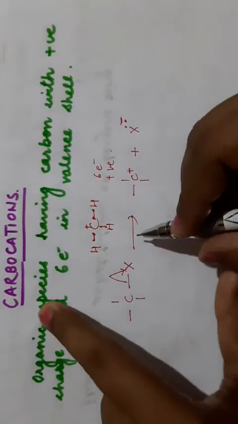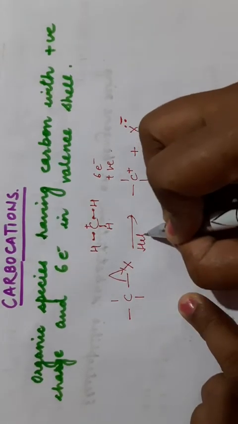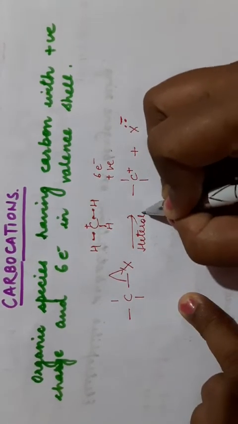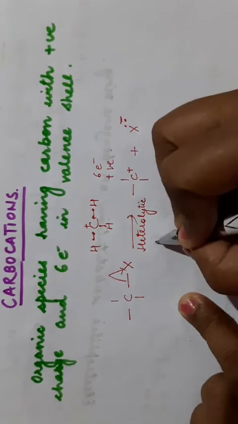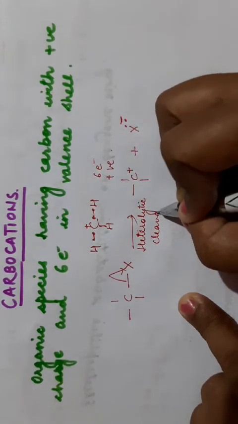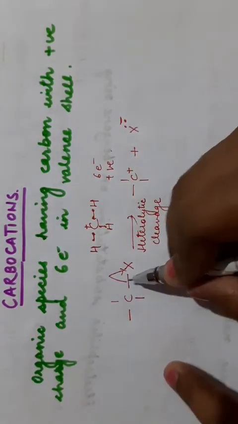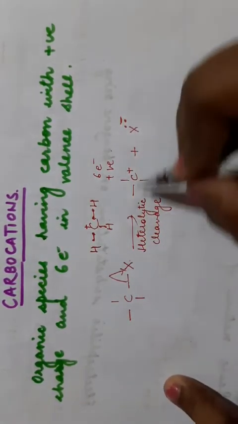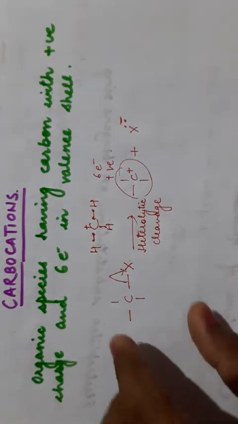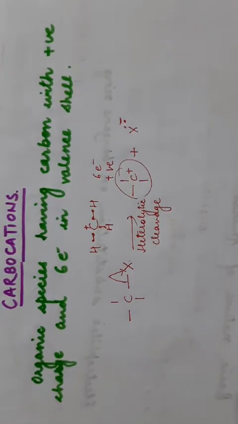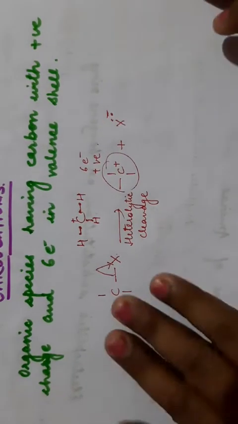So the carbocations are formed by the heterolytic cleavage. Heterolytic cleavage means both the electrons of the bond pair are taken by one of the atoms. So if this atom takes away the bond pair electrons with it, then it will form a carbocation. They are formed in other reactions like dehydration of alcohols also.